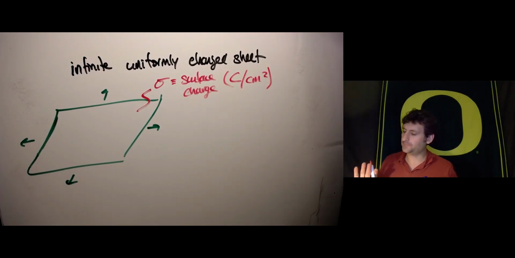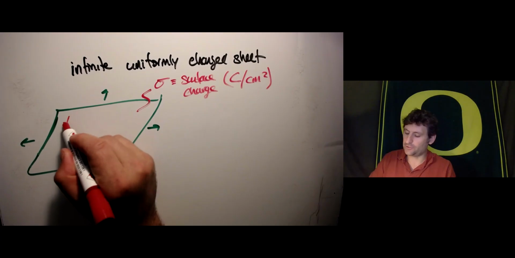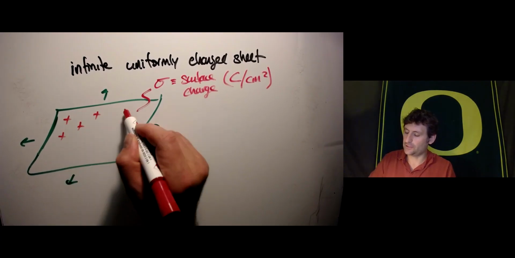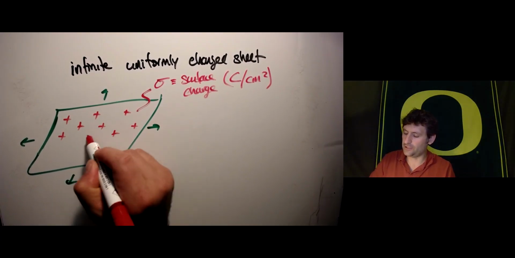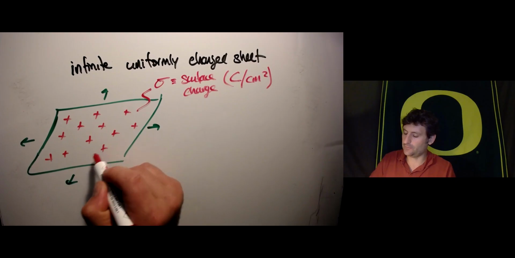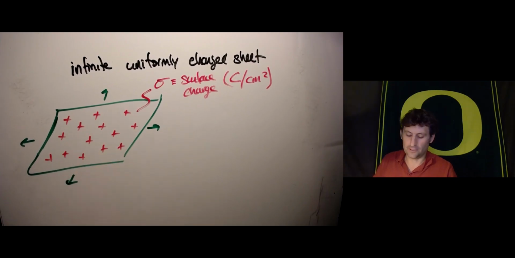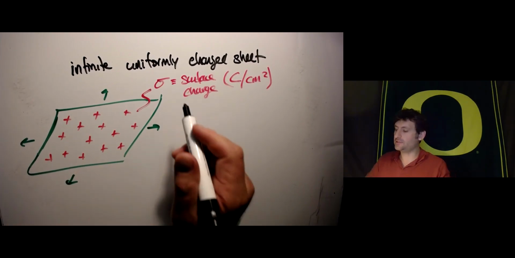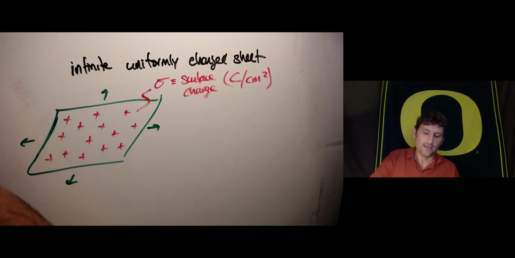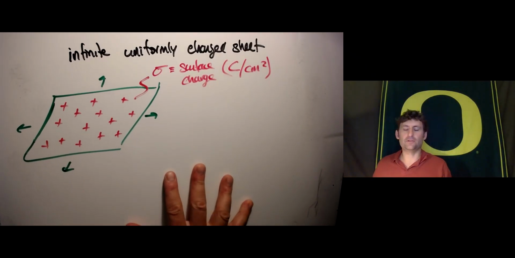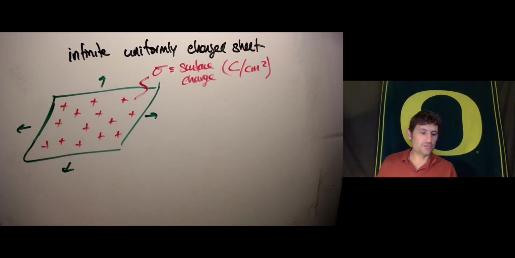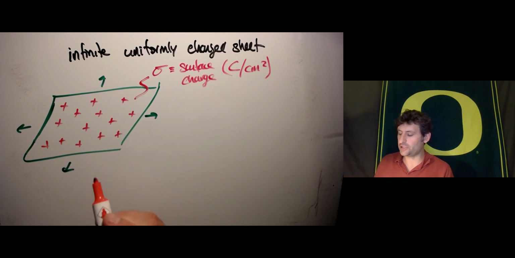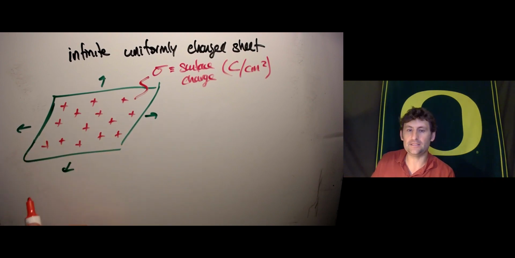Now, I could put some positive charges on there just for illustration, but of course the charges can be positive or negative or some combination of the two, and this sigma is going to be the net charge. And then to analyze this with Gauss's law, what we do is we draw a shape to enclose some piece of this surface.